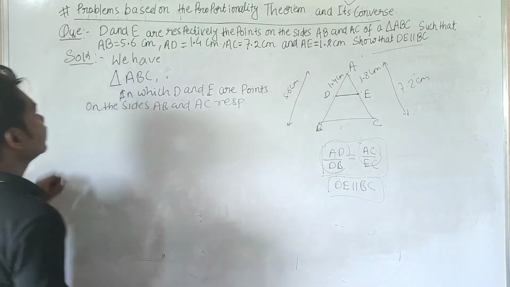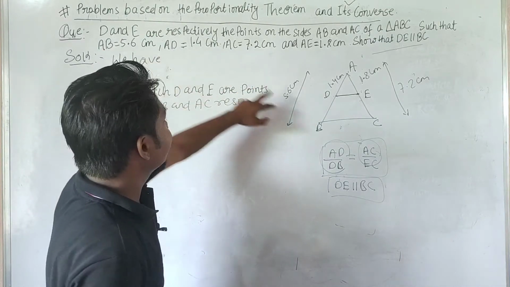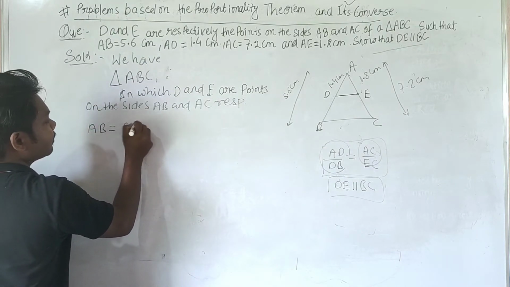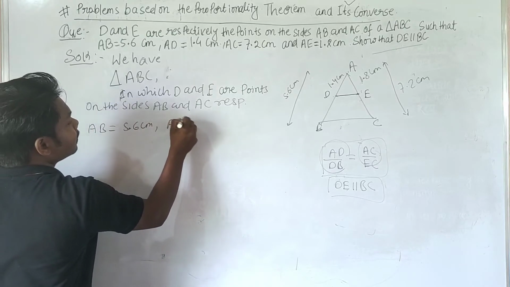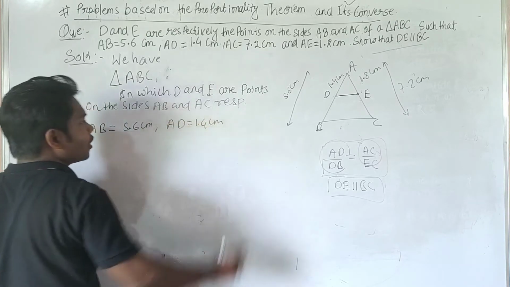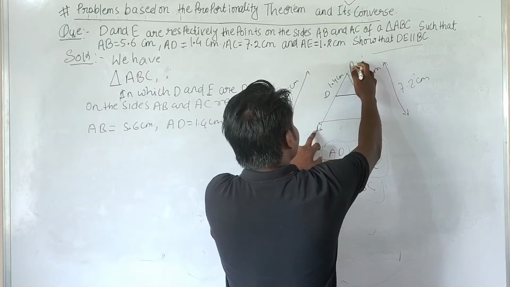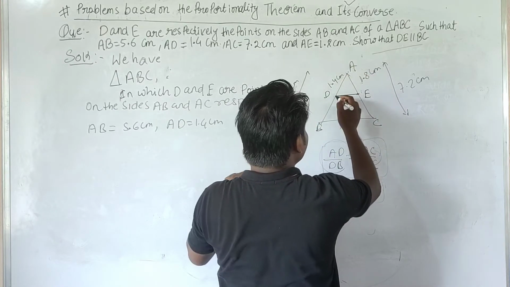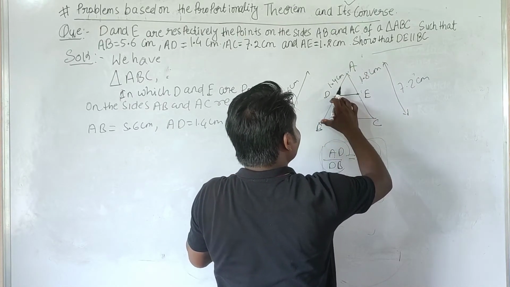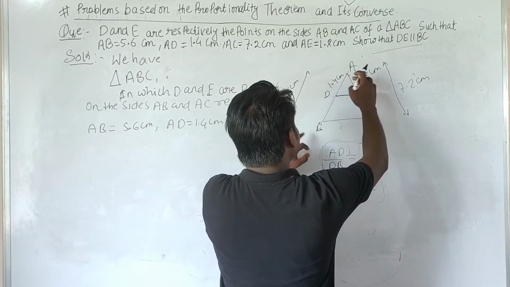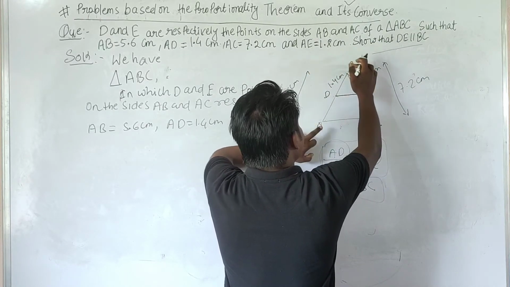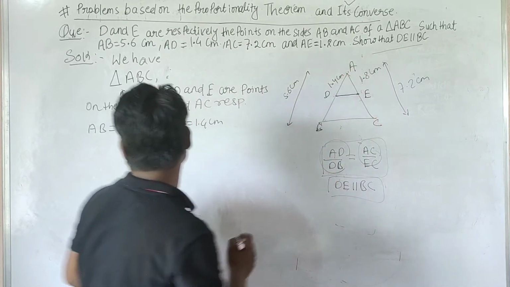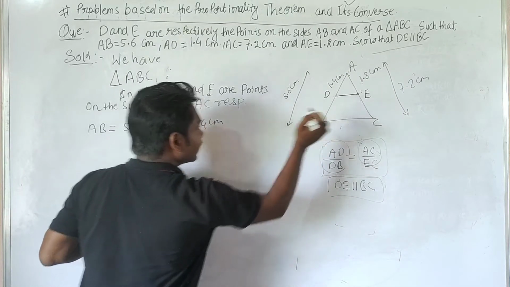This will be the figure for this question. AB is 5.6 centimeter and AD is 1.4 centimeter. Because we need DB, we can easily find DB by subtracting AD from AB.